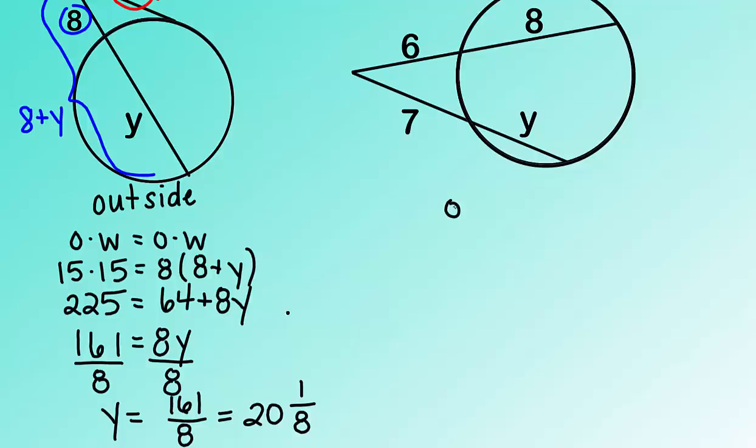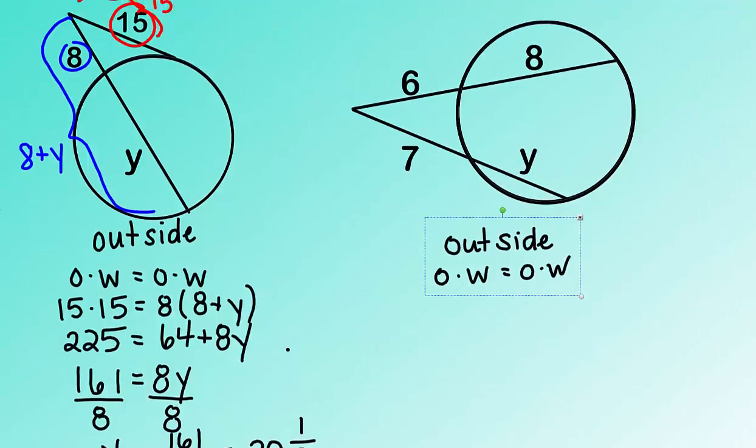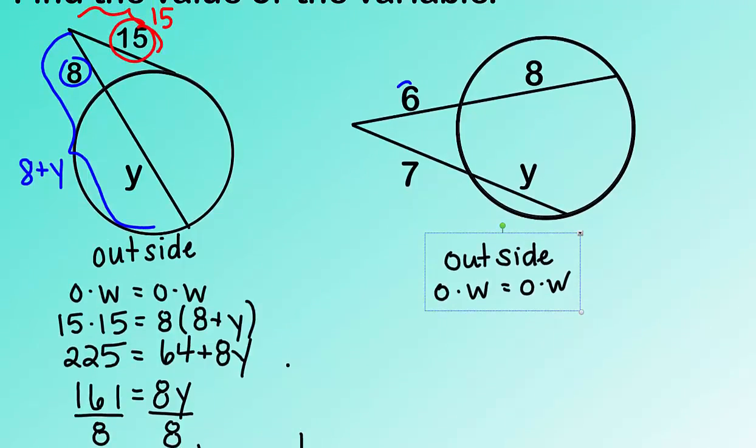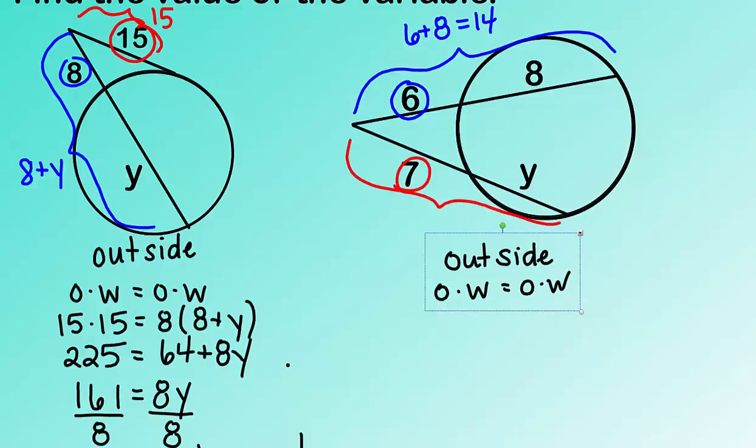The second intersection is also outside, so we'll use ow, ow. Outside times whole, outside times whole.